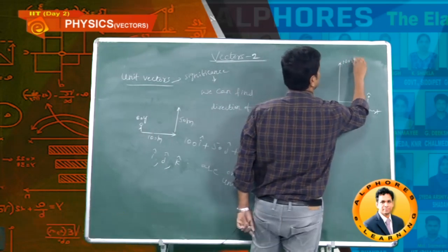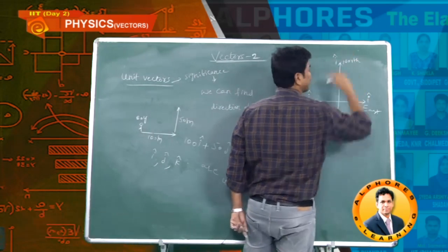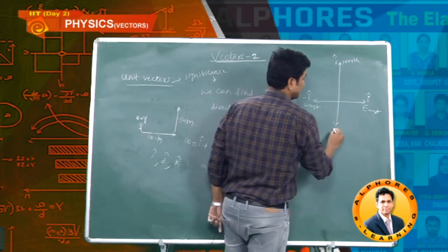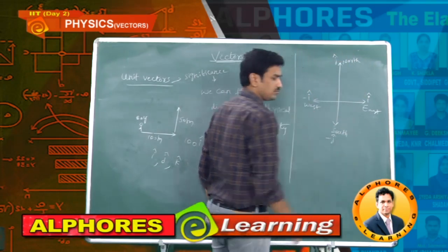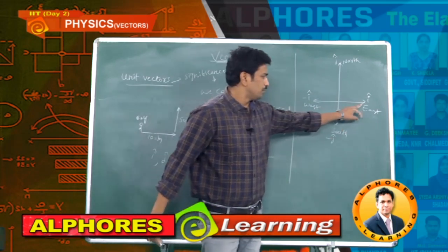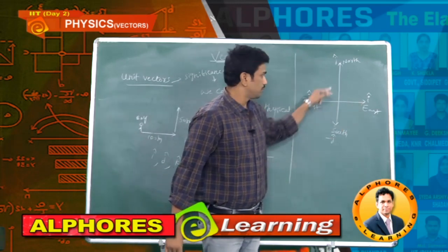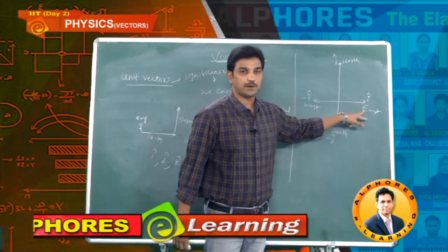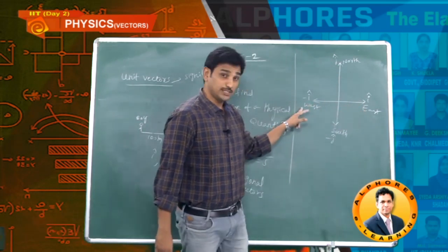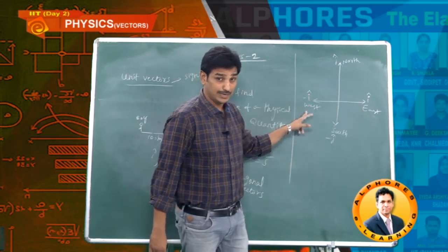North direction is represented with positive j cap. South, we will represent with minus j cap. Positive x, negative x, positive y, negative y. East direction I will represent with I cap. West direction I will represent with minus I cap.